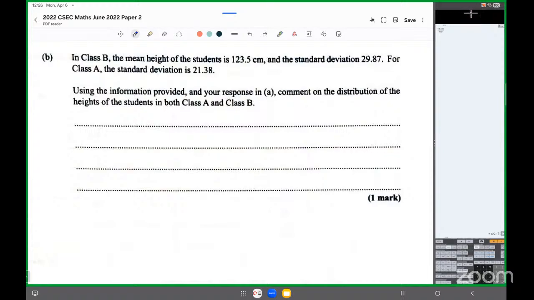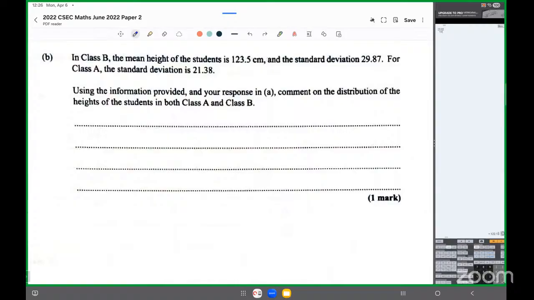How wide is the height of the students from the mean height? How wide is it? Are the heights of the students very wide? Are there some very short students and some very tall students? Are the heights of the students more closely spread from the mean height? Are the heights of the students relatively close to one another? That's what standard deviation measures.